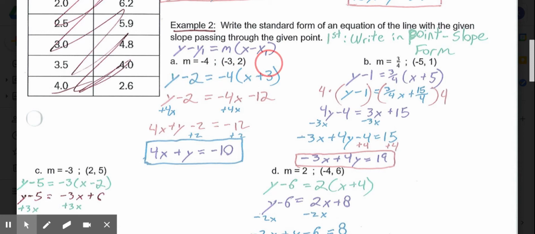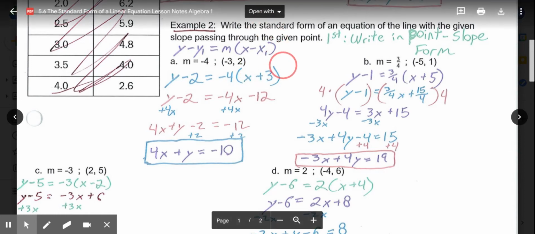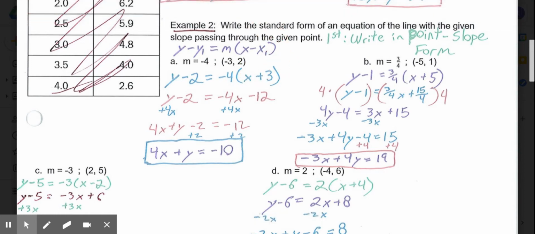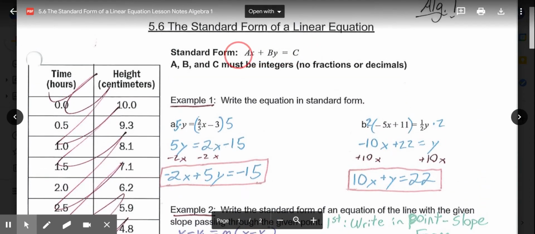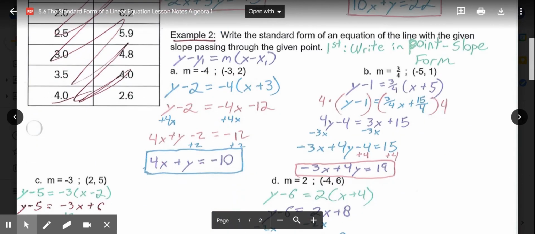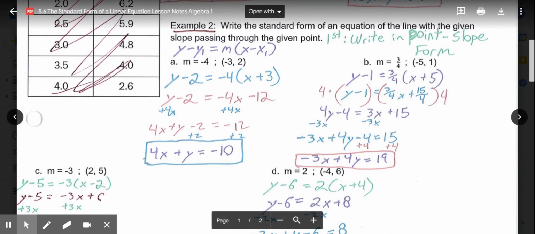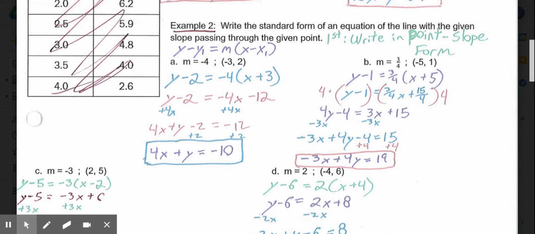Now what I want to do is go through the algebra. So I'm going to do the distributive property and then rearrange the equation into standard form ax plus by equals c. So if I have y minus 2 equals -4 times x plus 3, I need to distribute the -4 to each part of the interior.